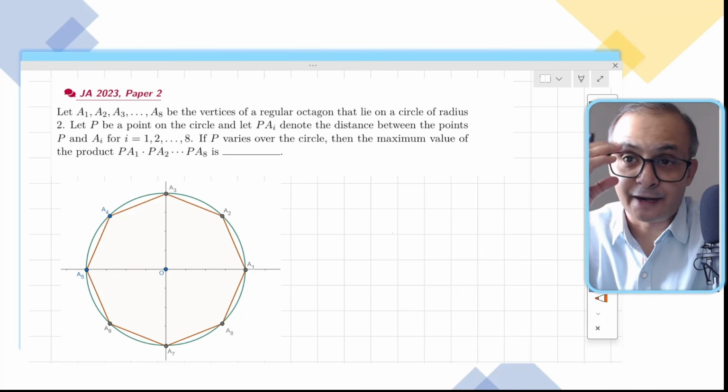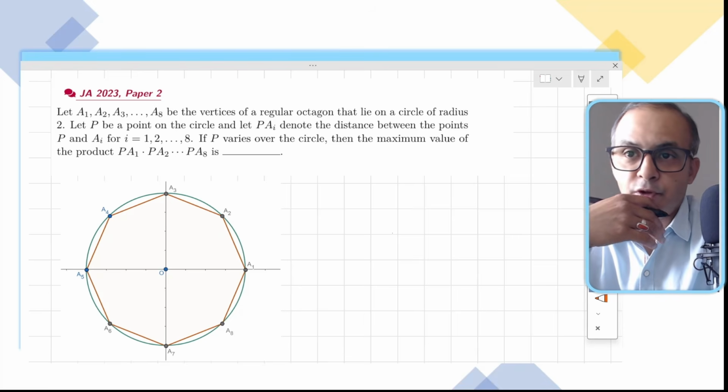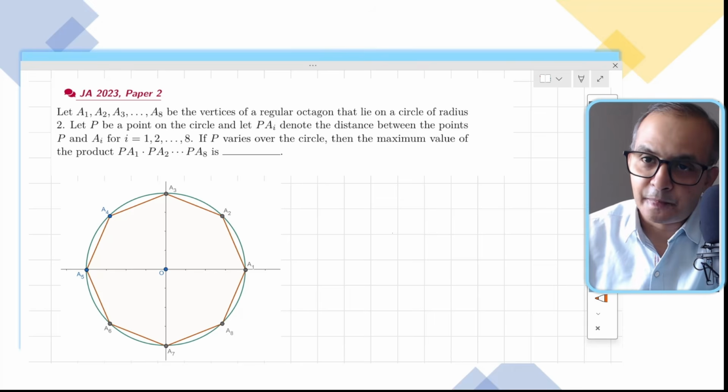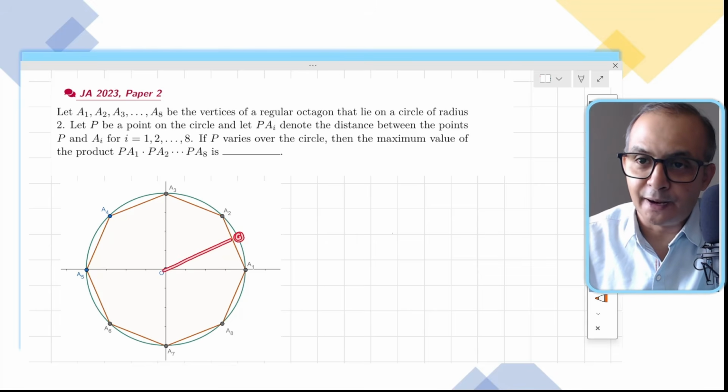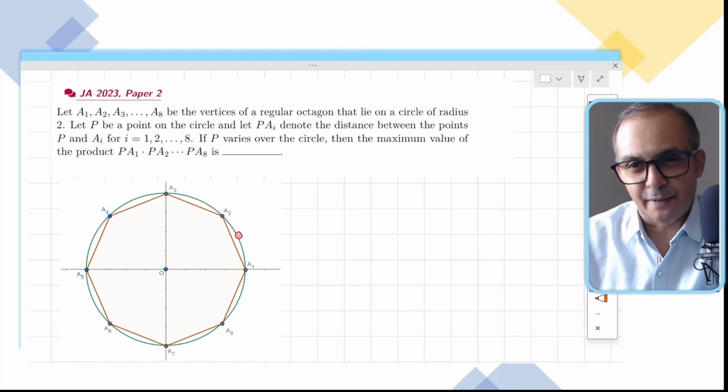It means it doesn't matter where you choose the point P to solve this problem. Now, you can understand by symmetry that if P is exactly symmetrical, bisecting this chord or this arc, that point P should give the maximum product.